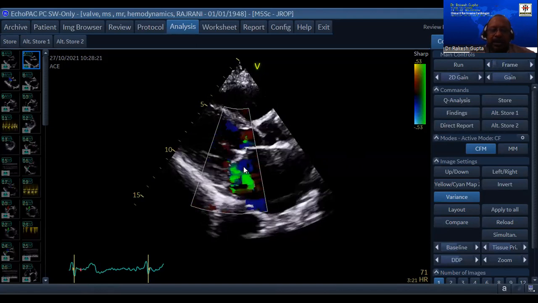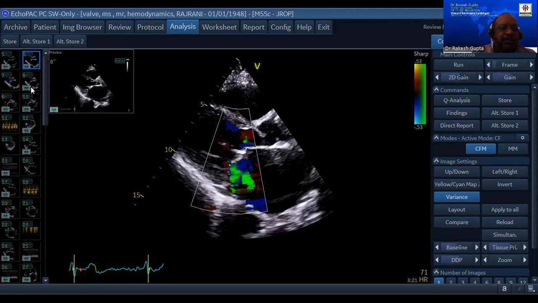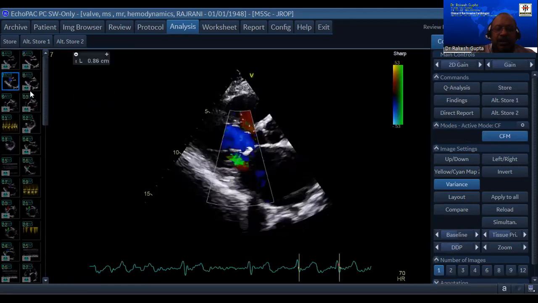If you look carefully, this is the origin of a jet between two leaflets, but this is an eccentric jet. So we have taken another view, where this is not a live clip, but we have measured the vena contracta. We moved a space up to look for a jet between two leaflets of the mitral valve.